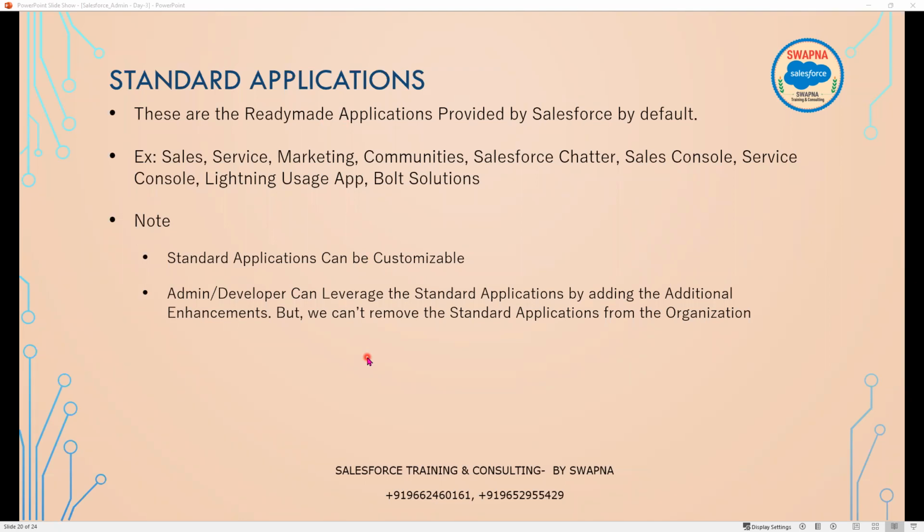You can customize it, the developer can customize it, the admin can customize it, right? They can add additional enhancements, they can make changes to it, but we cannot delete the standard application from the organization. Take notes of it.